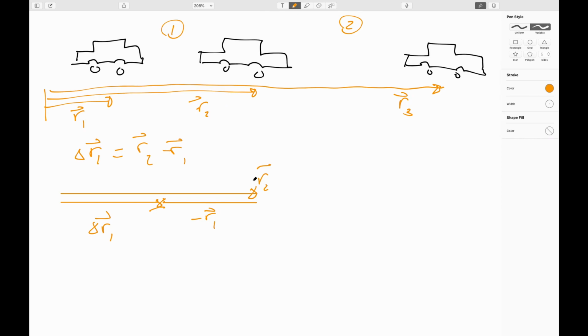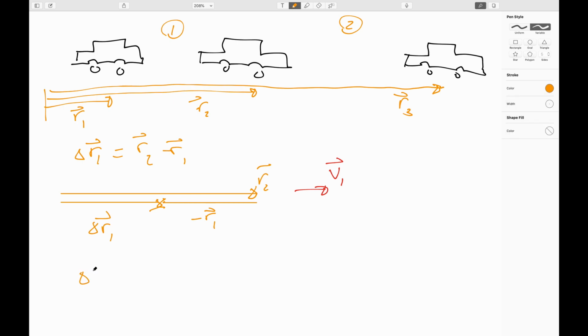So then we can conclude that the velocity points to the right and it is proportionate. So V1, let's say.